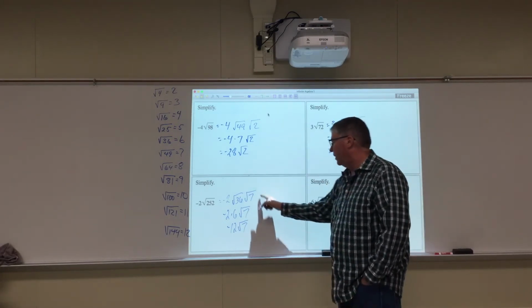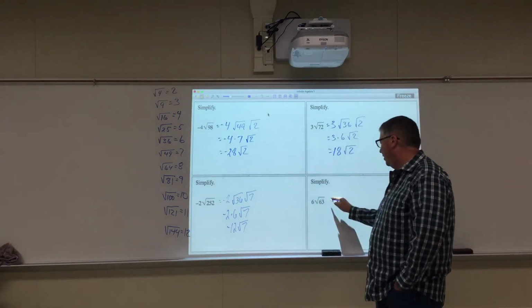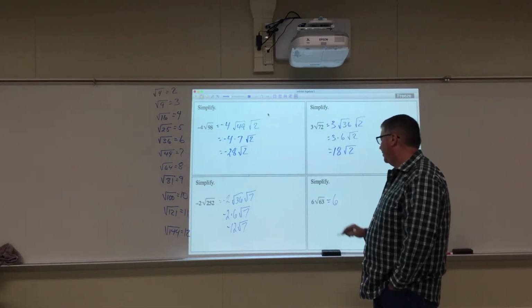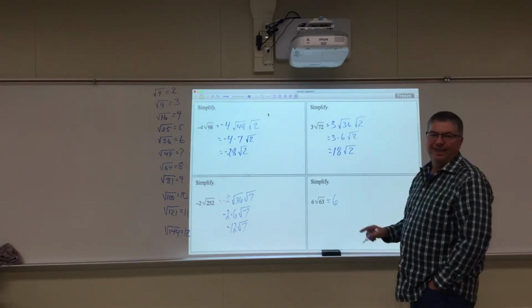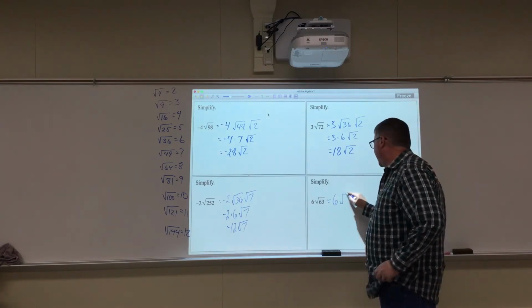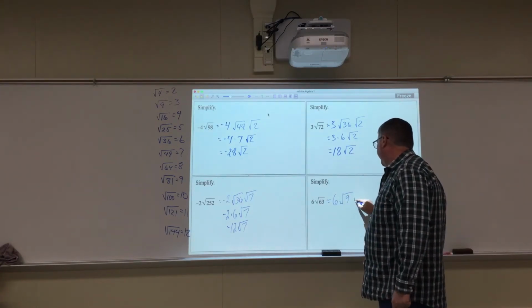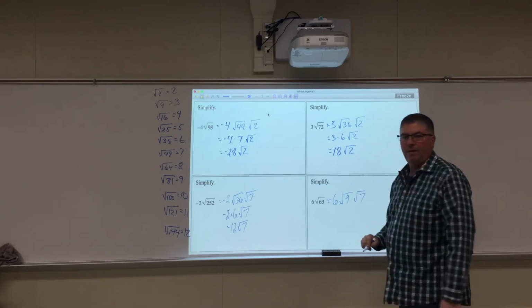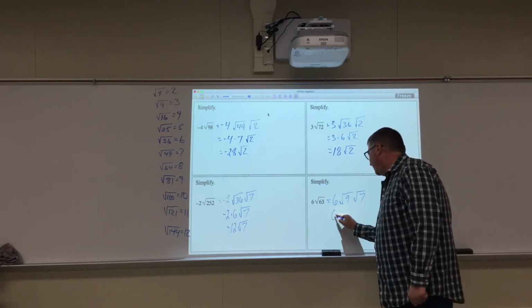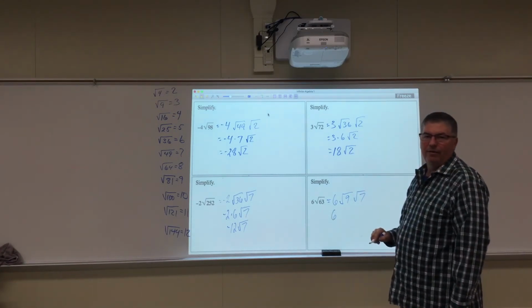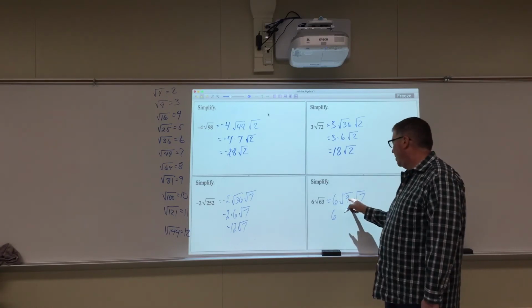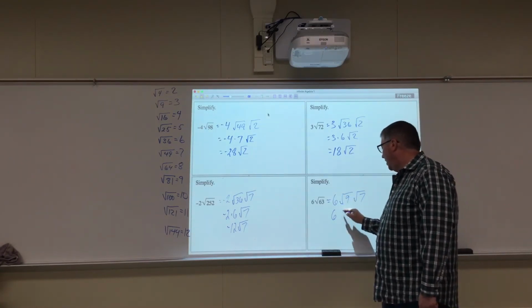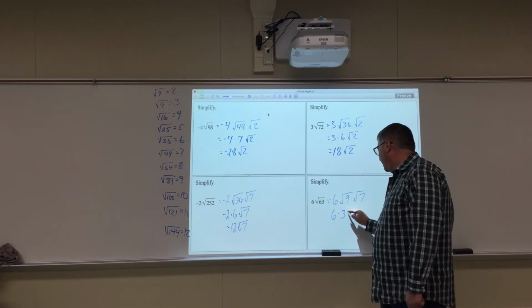So, 3 out of 4 taken care of. Now 6 radical 63. 63 is 9 times 7. 6 is already outside of the radical, or the square root. Square root 9 is 3.